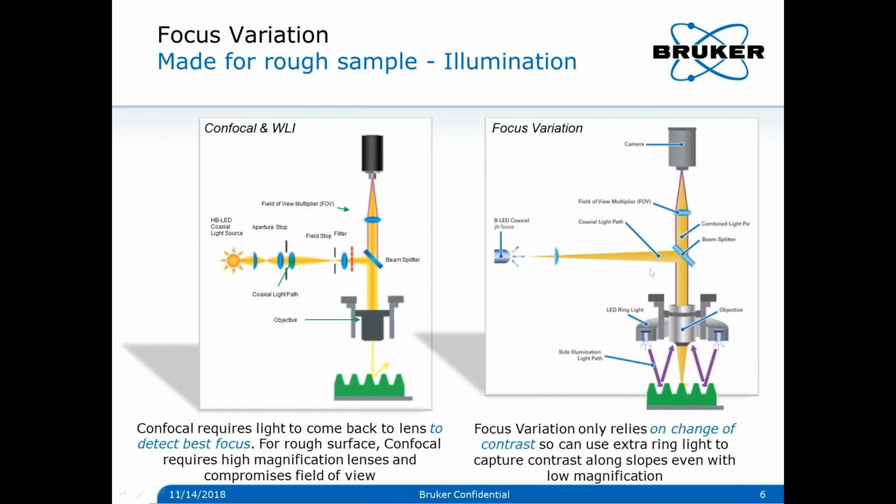It allows focus variation, by essence, to really study very high slopes even at low magnification. For instance, a 2.5x objective can easily measure a 70-degree slope or even higher.